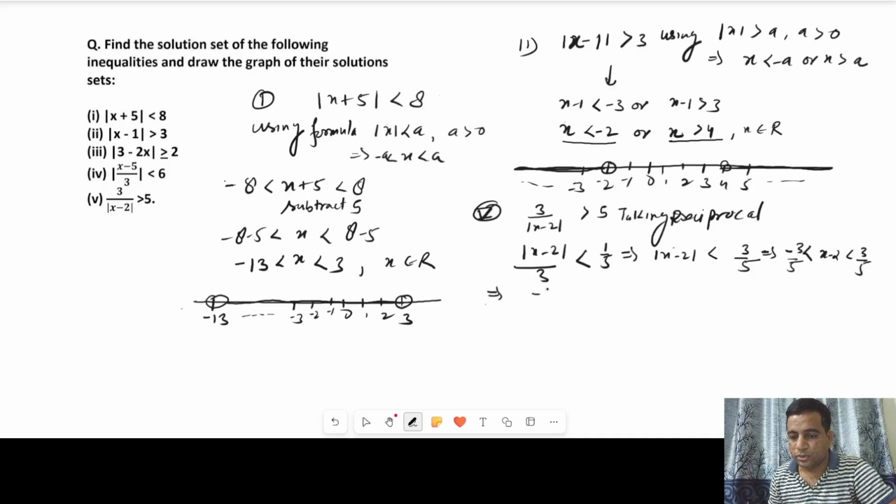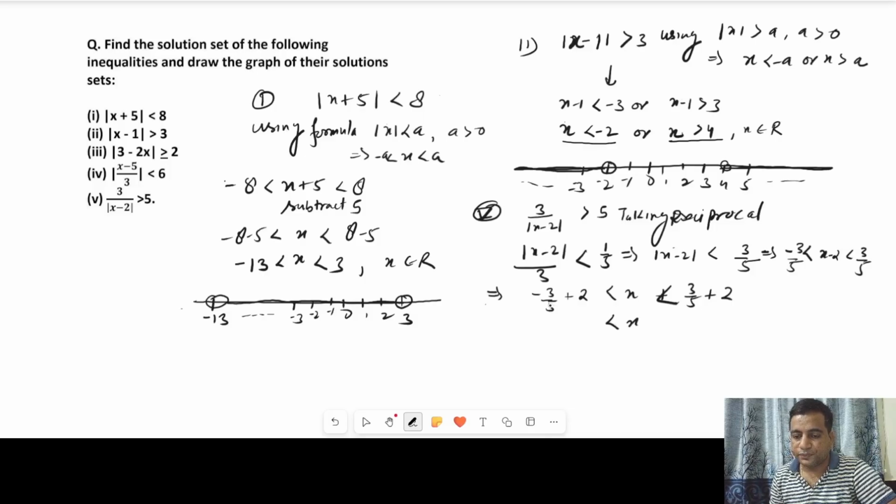So by adding 2, minus 3 by 5 plus 2 is less than x, and this is less than 3 by 5 plus 2. So x is greater than 7 by 5, and this is less than 13 by 5. X is greater than 7 by 5, and it is less than 13 by 5.